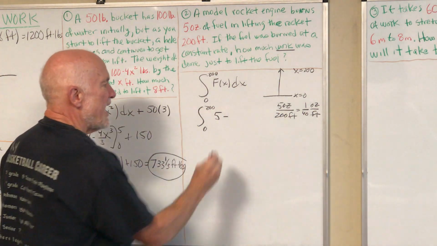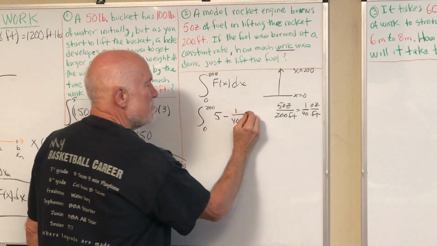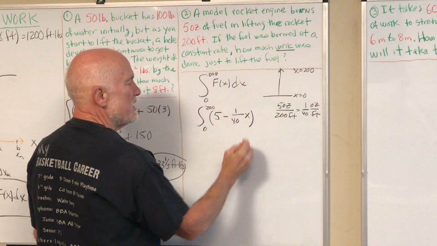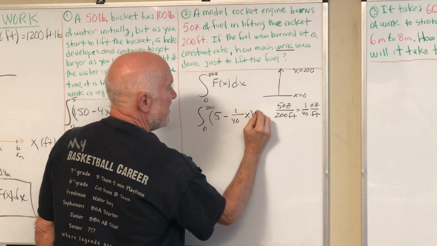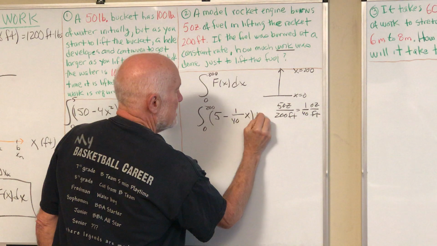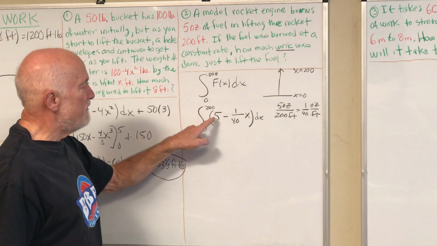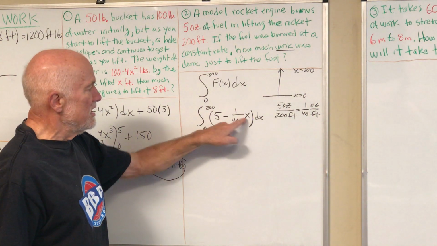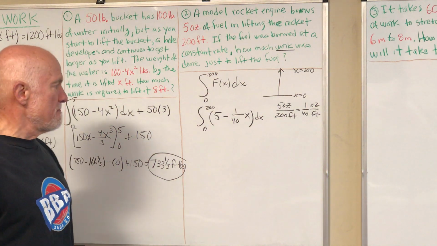So if you subtract 1/40th ounce per foot times the number of feet, that should give you how much fuel was burned up by that time. So let's see if this works. When x is 0, you have 5. When x gets to be 200, you have 5 minus 5, or 0. So that seems to work.